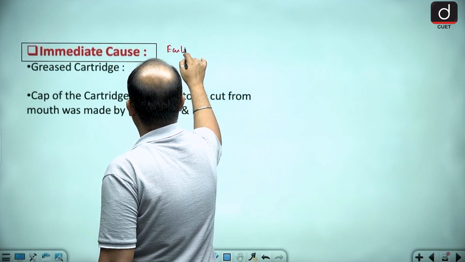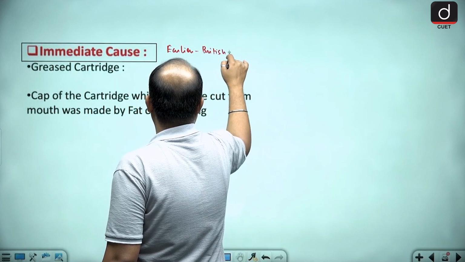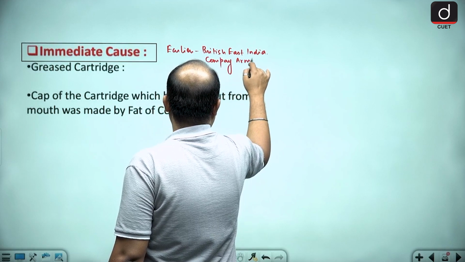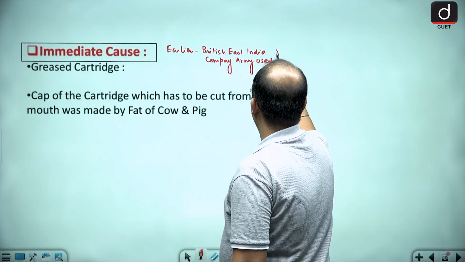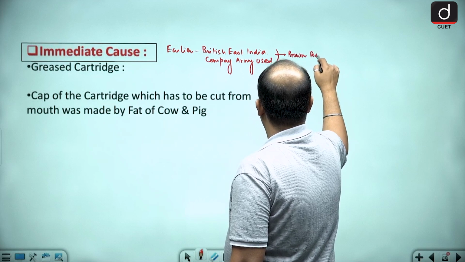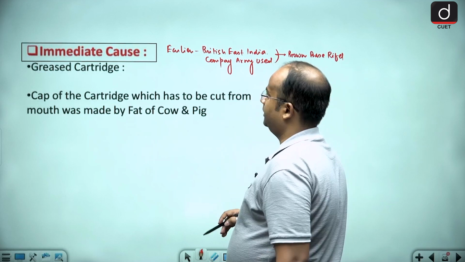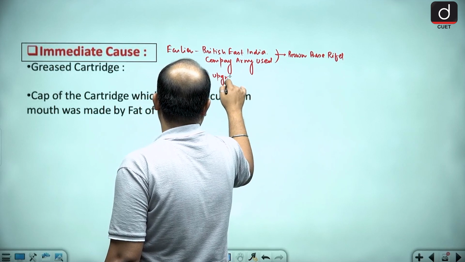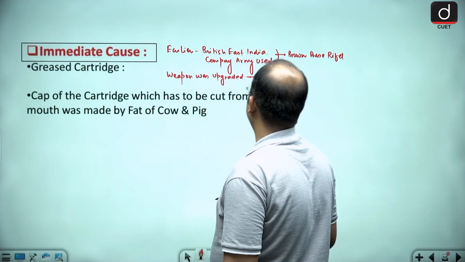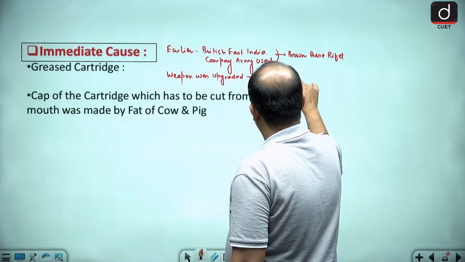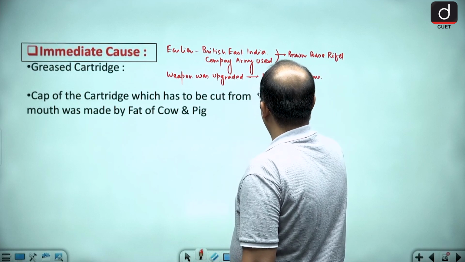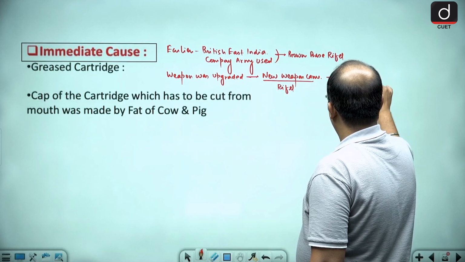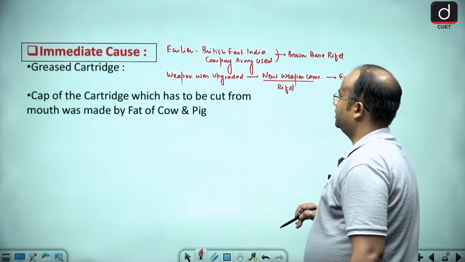Earlier, the British East India Company Army used the Brown Bess rifle, and then the weapon was upgraded and a new weapon came, the Enfield rifle.